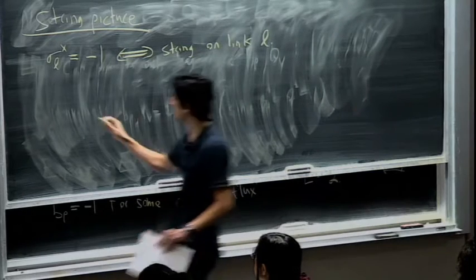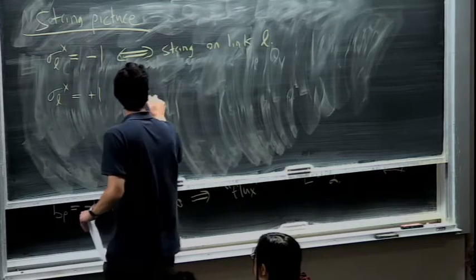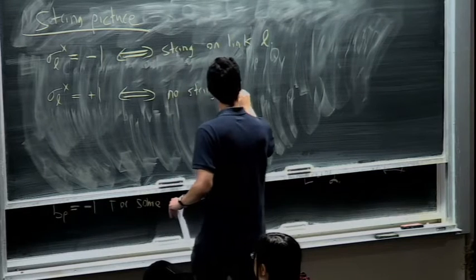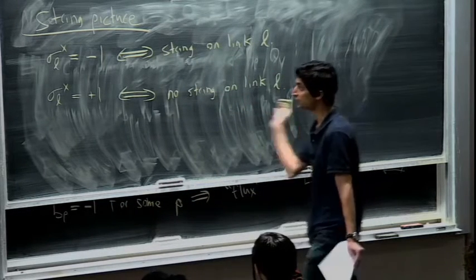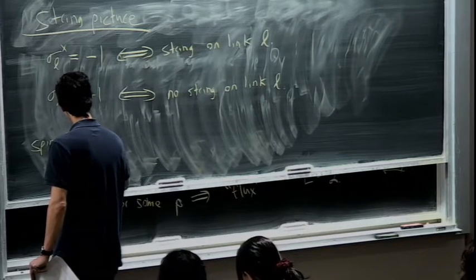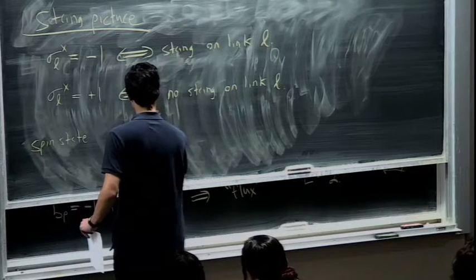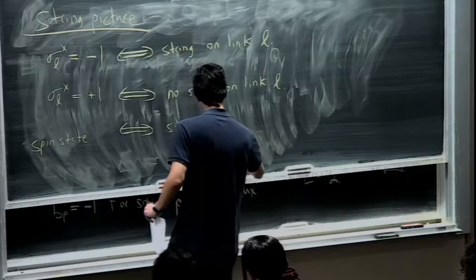And similarly, if sigma Lx is equal to +1, we'll say that there's no string on that link. So this gives you a dictionary for translating some arbitrary spin state, at least in the sigma x basis, some configuration of sigma x's, into a string state, where the strings are now living on the links of the honeycomb lattice.